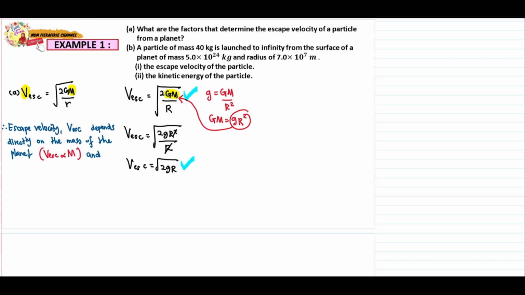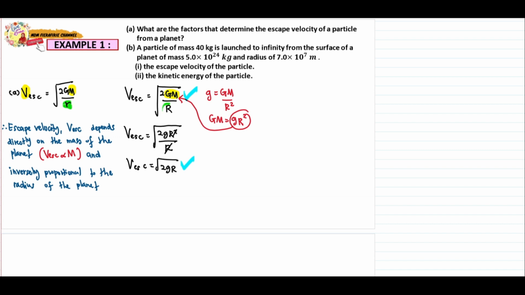And escape velocity is inversely proportional, alright, to the radius of the planet. Okay, so dekat sini kalau nampak saya guna small r referring to any radius of the planet.